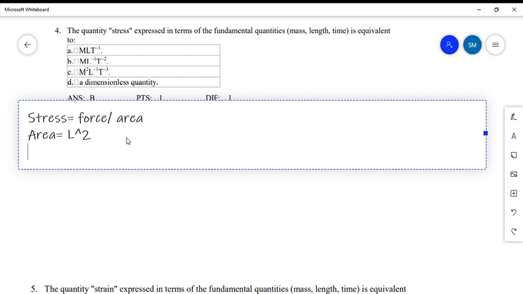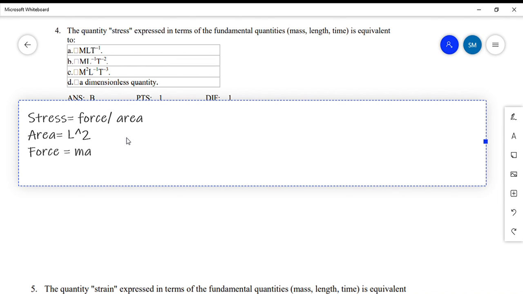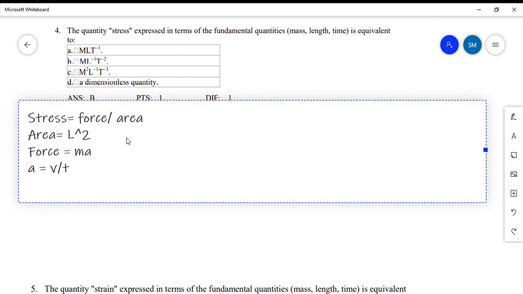The point is to know the dimensional formula for the force. Force is equal to MA. M is mass. The dimensional formula for mass is M. To know the dimensional formula for the acceleration, A is equal to velocity over time, V over T. The dimensional formula for the time is T. It's very clear.